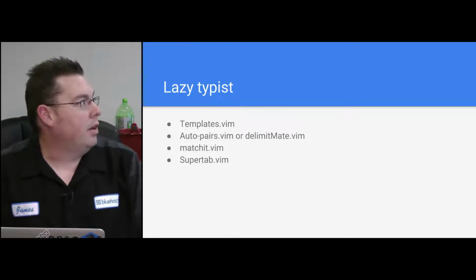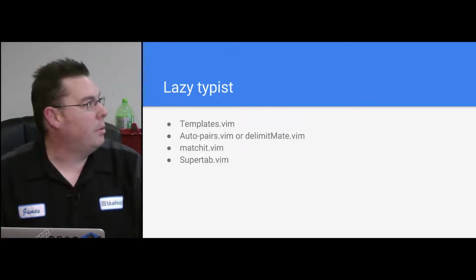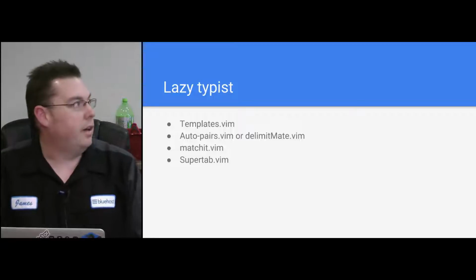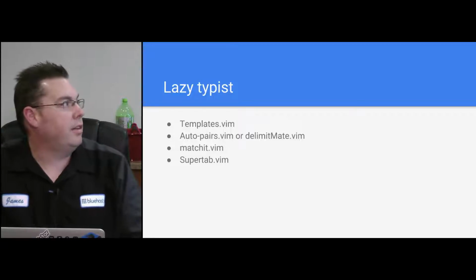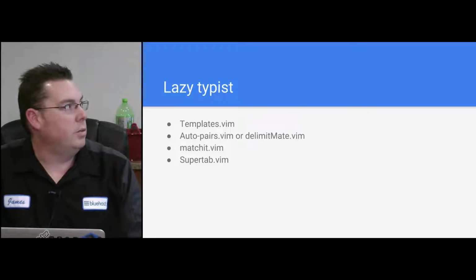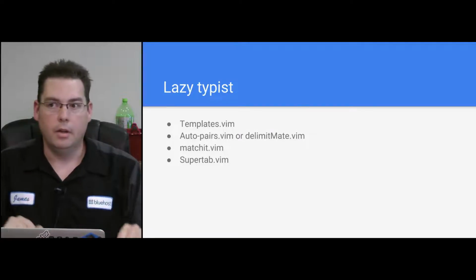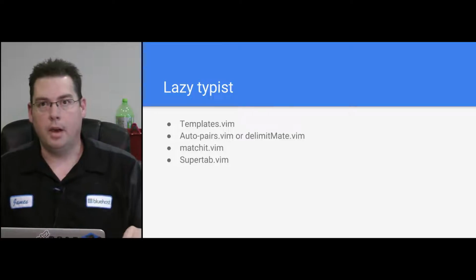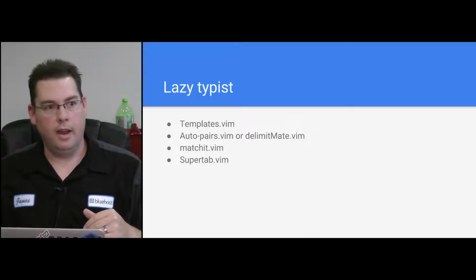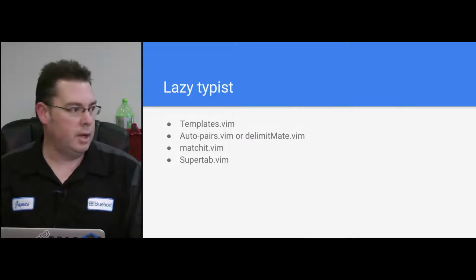Okay, lazy typing. So nobody wants to type, right? So this provides ways to cut down on some of the typing that we have to do. So templates.vim gives you a whole bundle of predefined templates as well as a way to define new ones. So if I type vi newfile.pl and it doesn't exist, it will look at my templates directory and give me whatever my global template for Perl is.